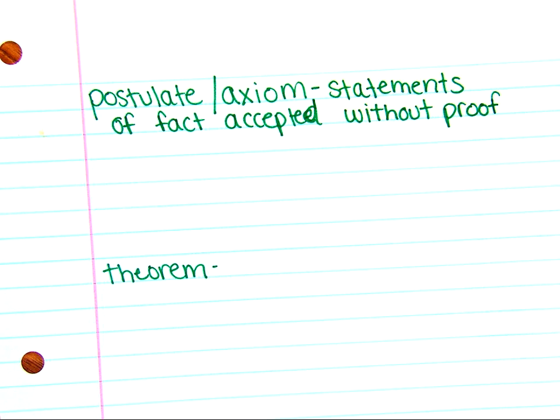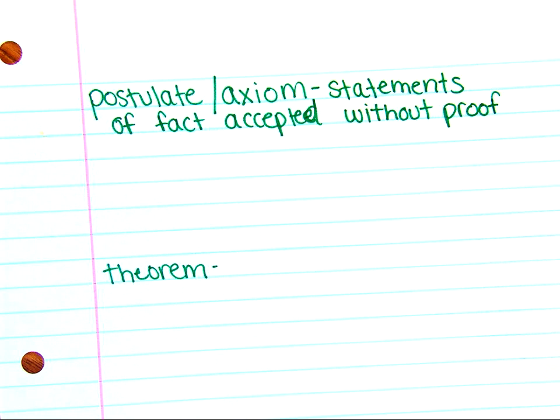A non-geometry example would be if somebody asked you to recite the ABCs. Everyone's going to start A, B, C, D, and we don't need proof of that. So that would be an example of a postulate or axiom that's non-geometrical.